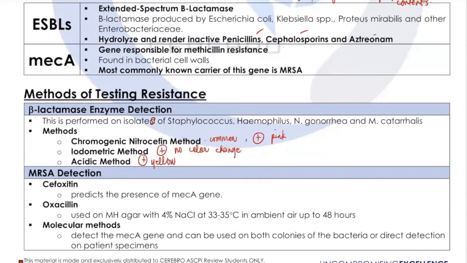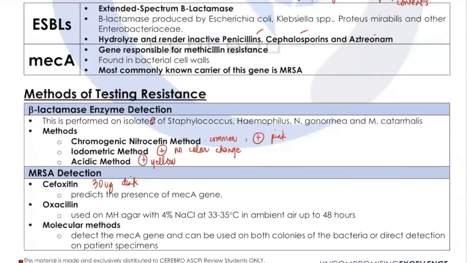Next, we have the MRSA detection. So we are using certain antibiotics for this. So we have cefoxitin, which predicts the presence of the MEC-A gene. So usually pag cefoxitin, gumagamit tayo ng 30 microgram disc. Pakitandaan itong mga concentration ng mga disc na ginagamit because I had one in my ASCP exam. Okay?